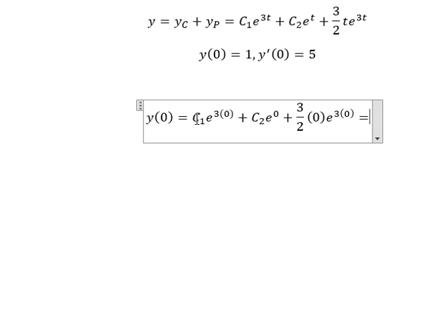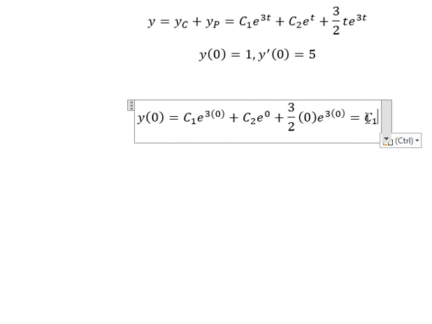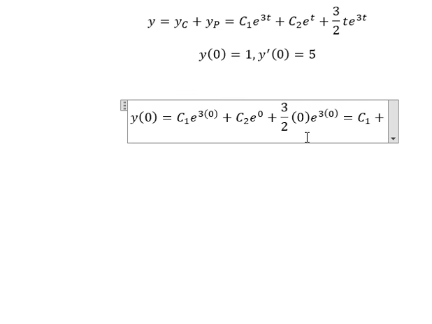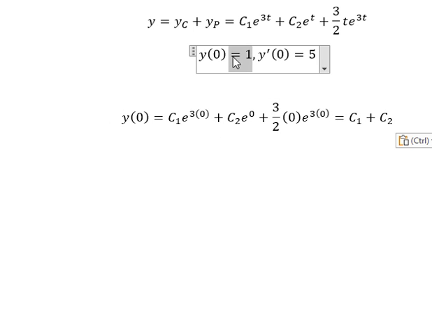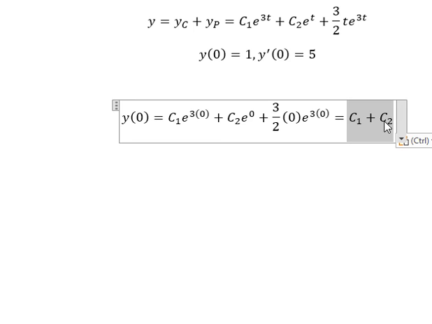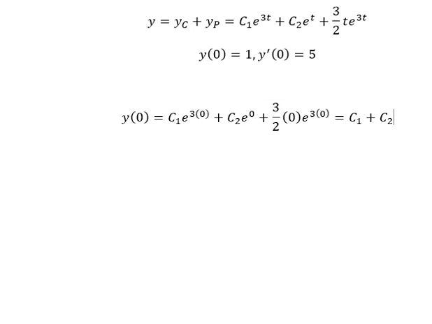If we simplify this one, we have number 1. This one we have 0. So we just have only c1 plus c2, and y0 in here equals 1. So that means c1 plus c2 equals 1. So we have one equation.